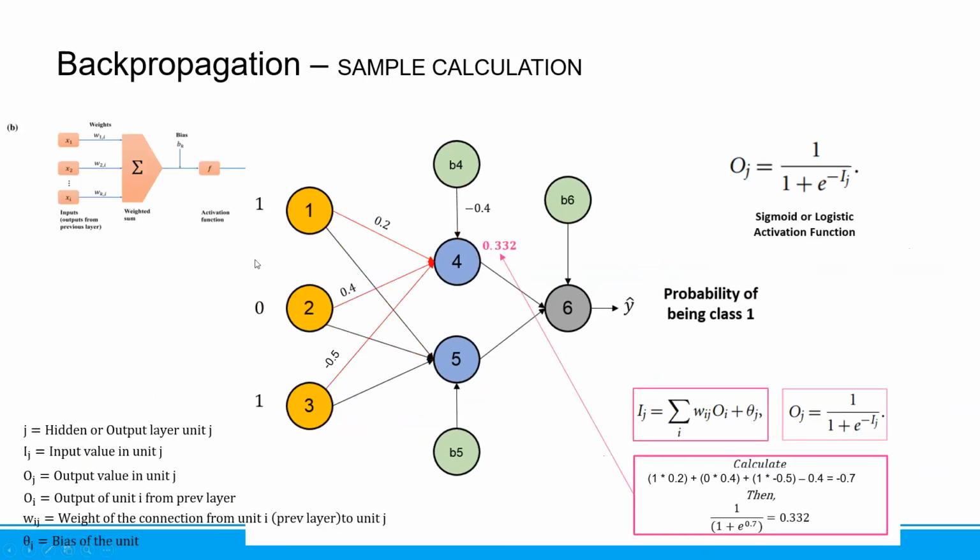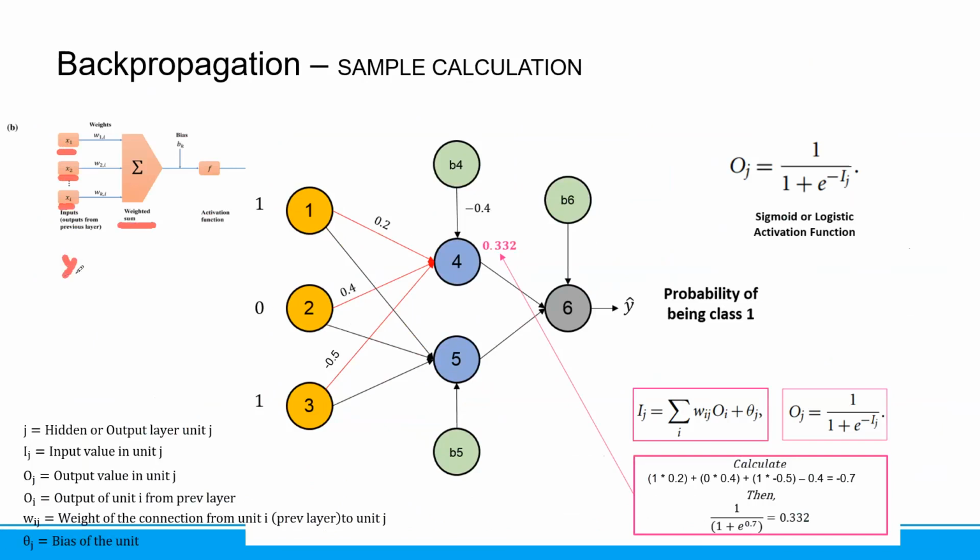Now, we know already the feed forward. When we learned the feed forward, we have variables x1, x2 until xi, and we usually use the weighted sum. How is the weighted sum?